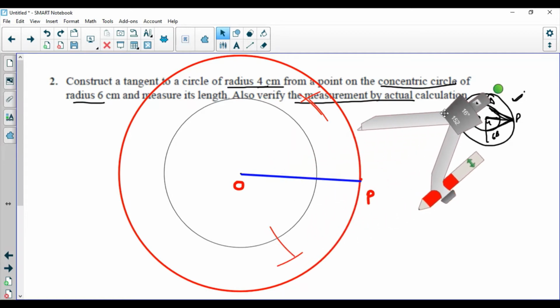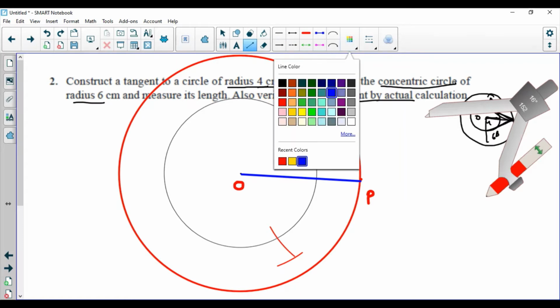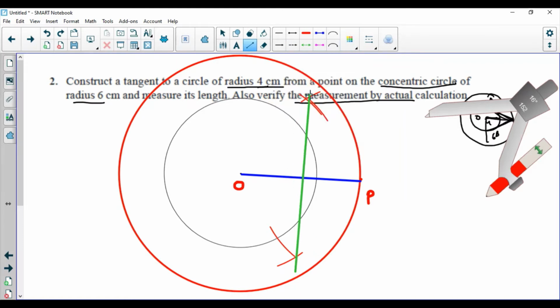Now we will join these 2 points to get our perpendicular bisector. Okay, so this is our perpendicular bisector.